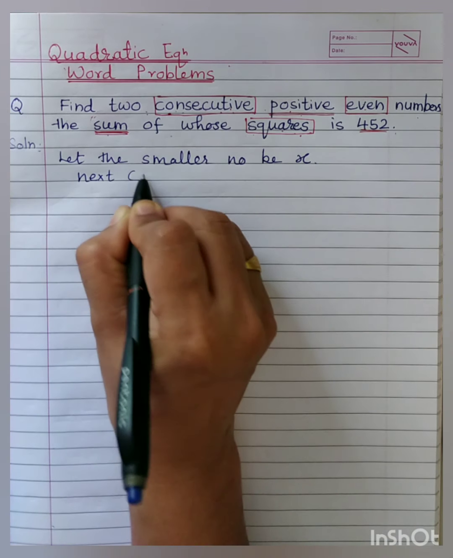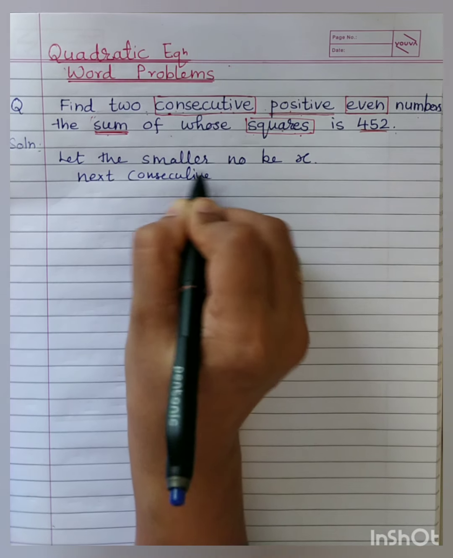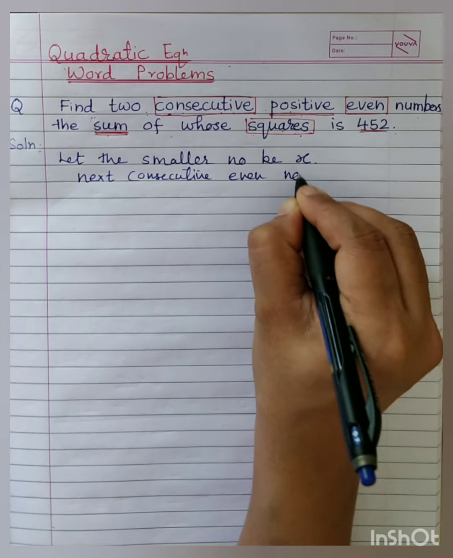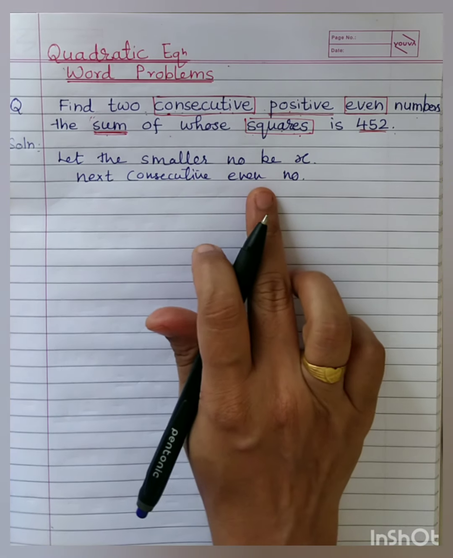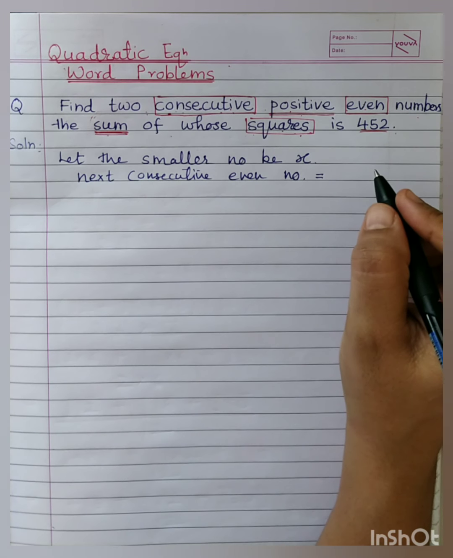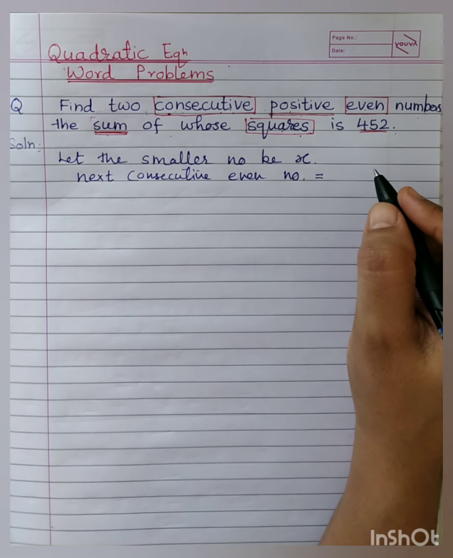So what will be the next consecutive even number? If the smaller number is x, what will be the next consecutive even number? See, after 2 what comes is 4. After 4 what comes is 6. How are the numbers increasing? By plus 2.